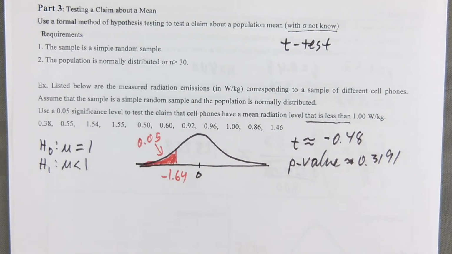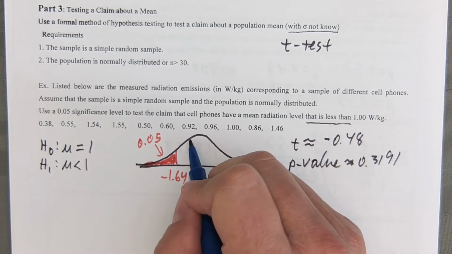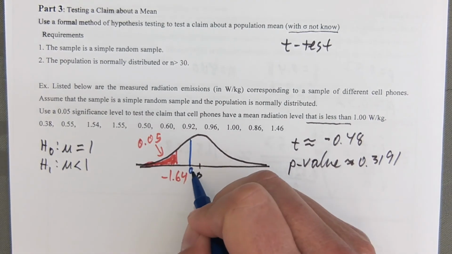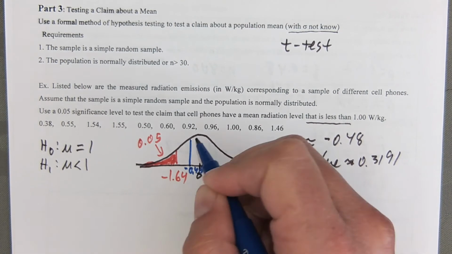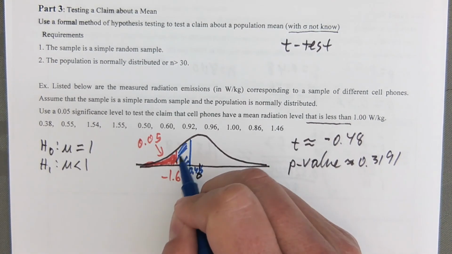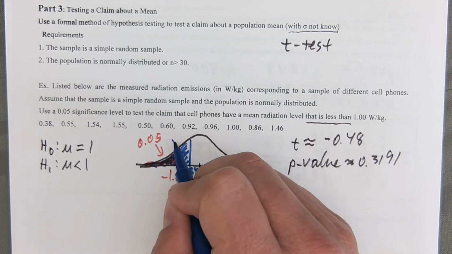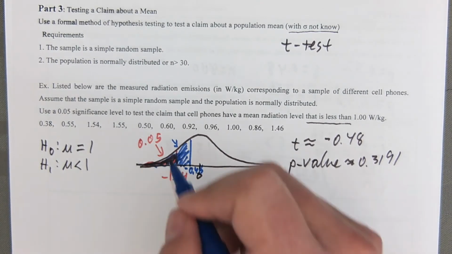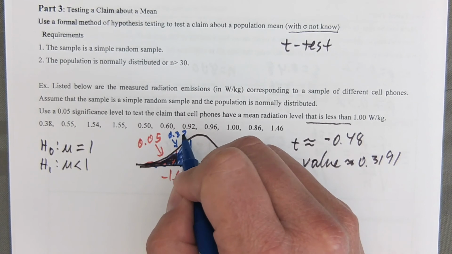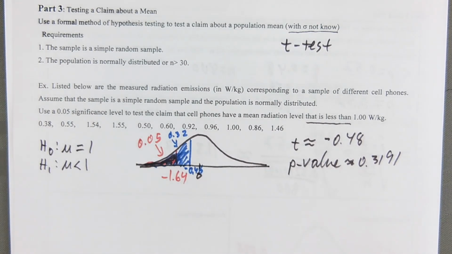The calculator does all the work for you. I'm going to show Casio in just a second. So negative 0.48, maybe it's about there. And that means that all of this area, all the way down, is about 0.32. That is so cool that it does all that work for you.